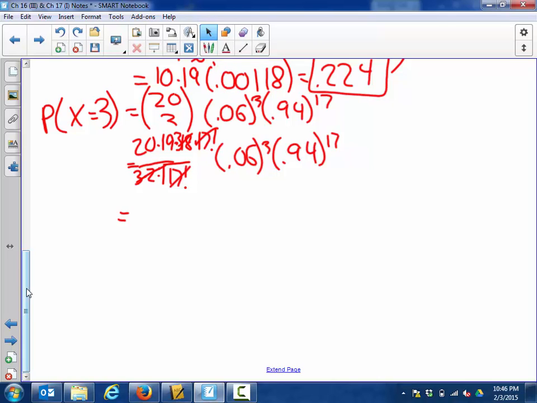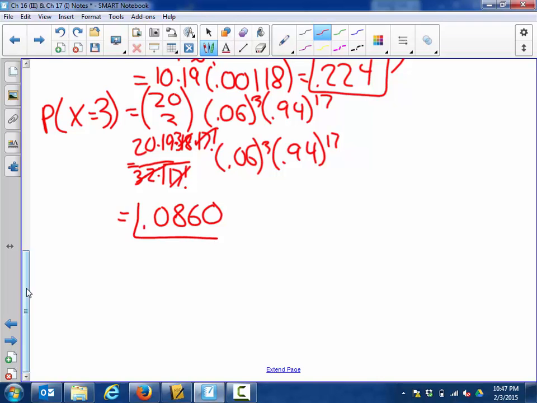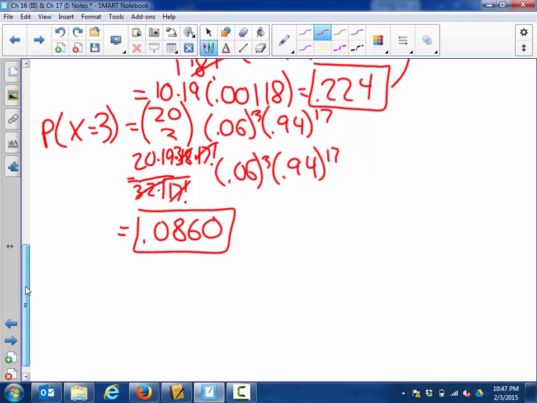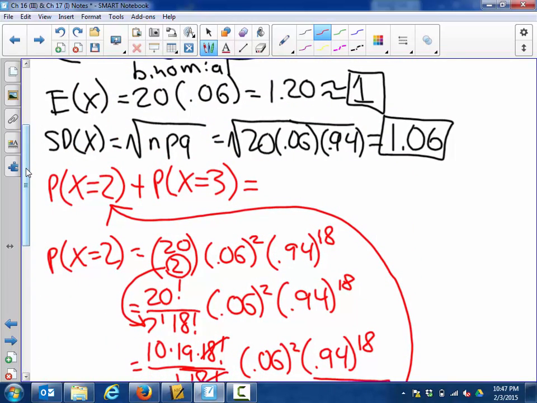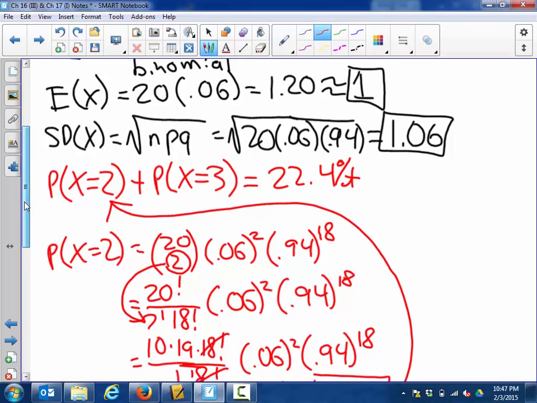We're almost there. We have 20 times 19 times 3 times 0.06 to the 3rd times 0.94 to the 17th, and in all this is 0.0860, so an 8.6% chance that you would have 3 universal blood types of your 20 donors.